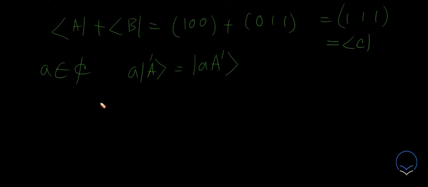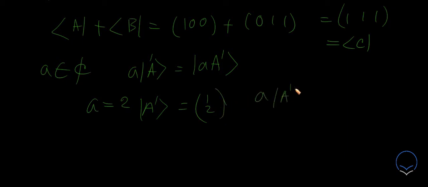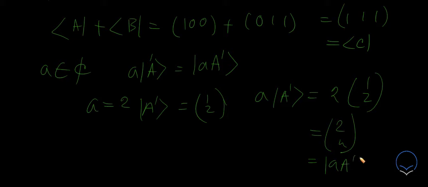Let's say small a equals 2, and A prime is a 2-entry column vector, that is 1, 2. Then a times A prime is just 2 times 1, 2. You have to multiply by 2, but then again this is just A prime, right? That is how we can write scalar multiplication, and this is also a property.